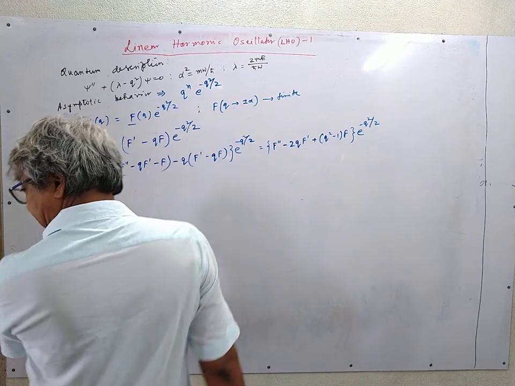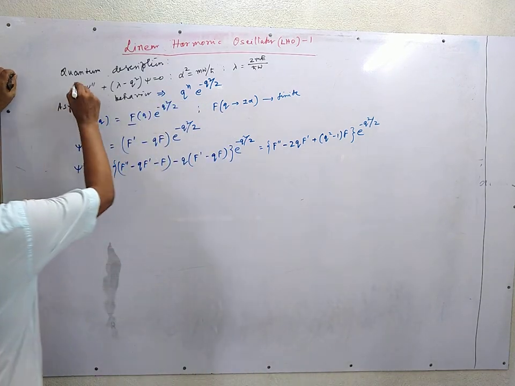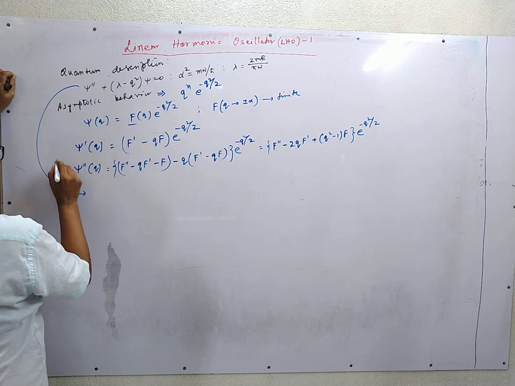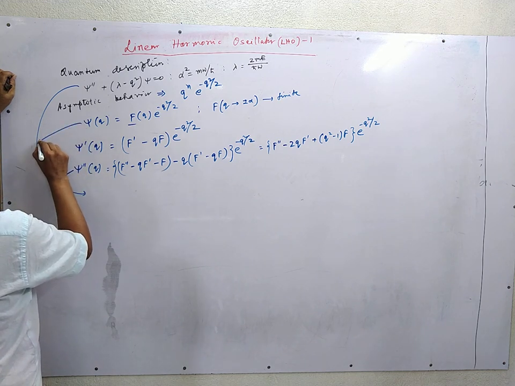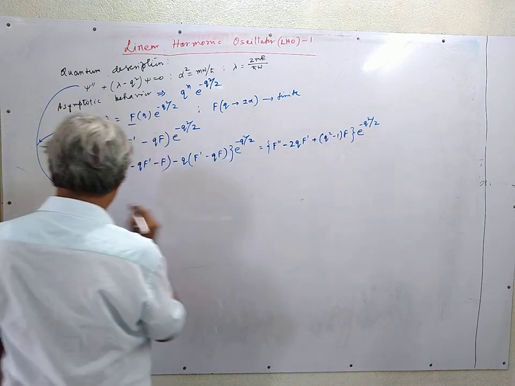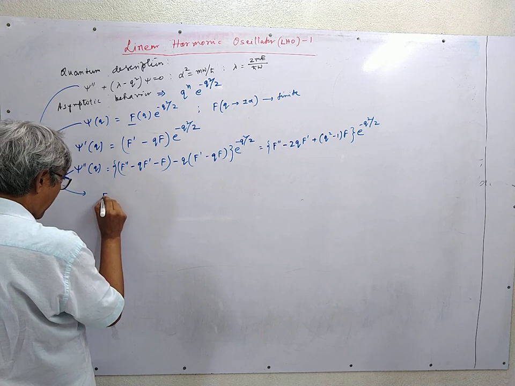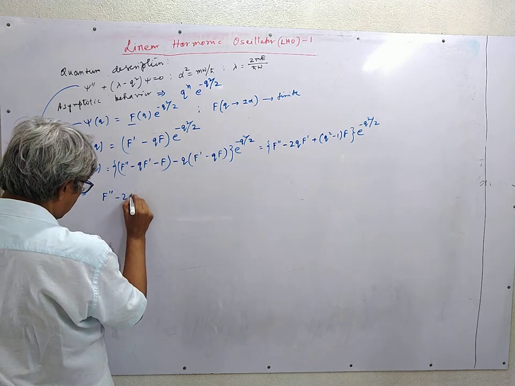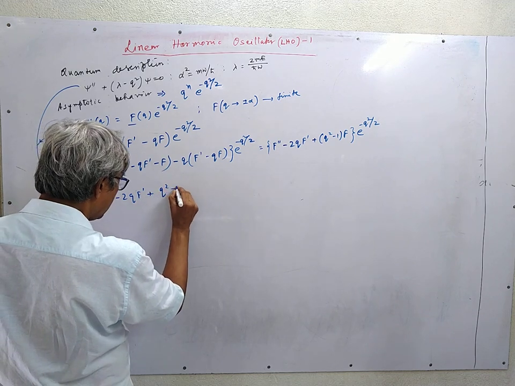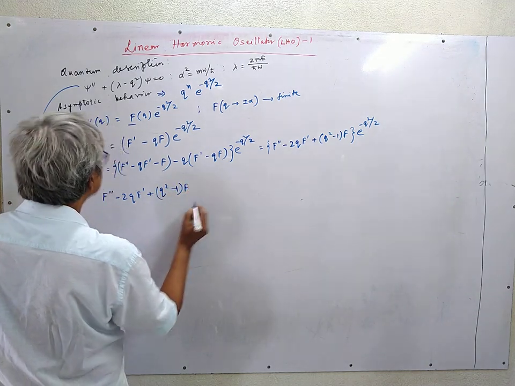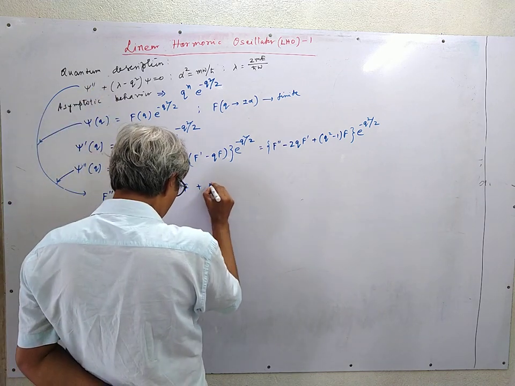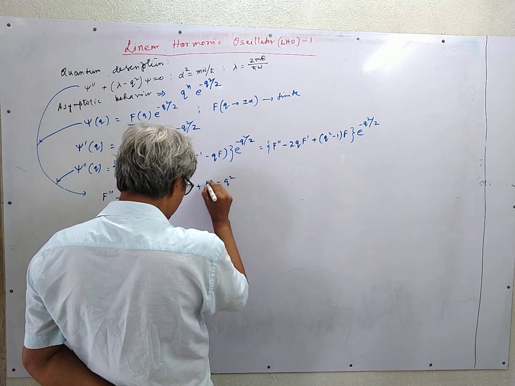If we plug this into this equation, we get from this part, I am now ignoring this e to the power part, this is from the double derivative part plus lambda minus q square f.